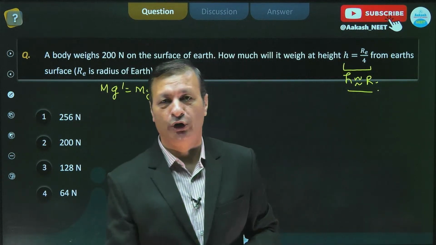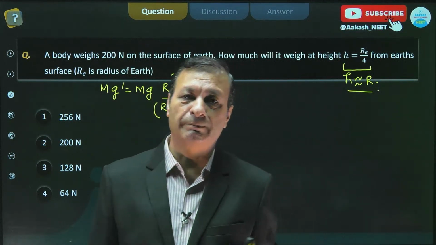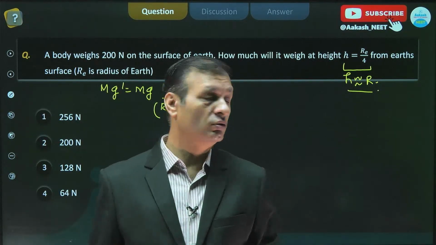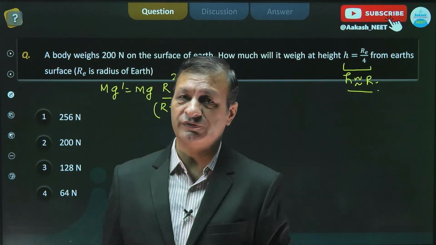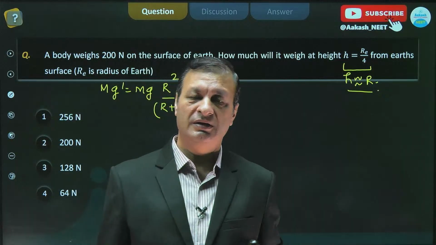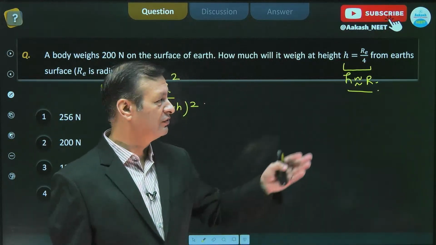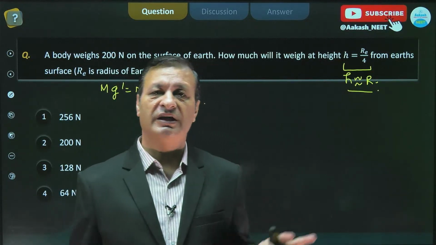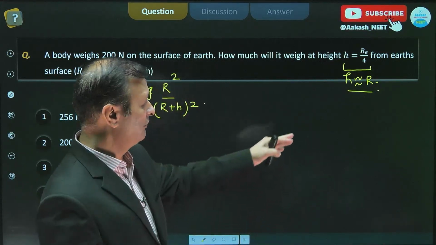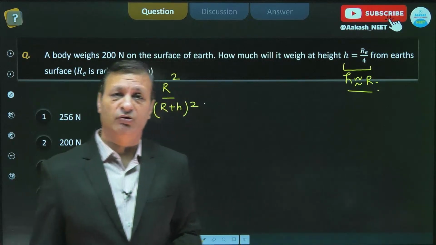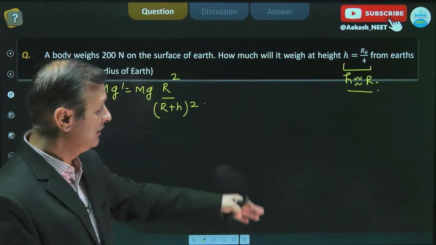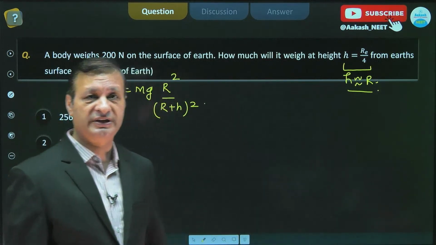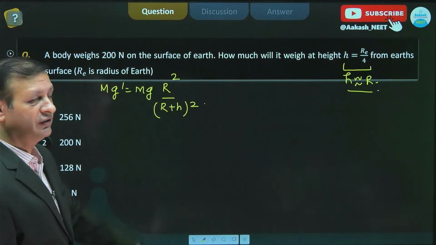When your height is comparable to the radius of Earth, we use this. When it is very, very small, less than 5-7% maximum, then we can go with the other formula. But if it is more than 10%, and here in this case it is almost 25% exactly, we'll use this formula.